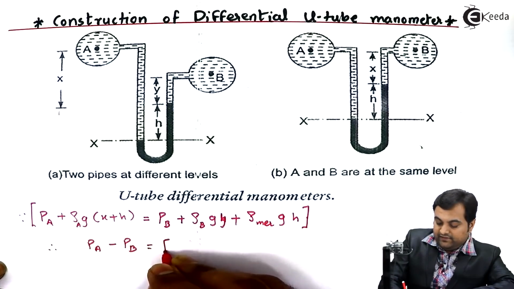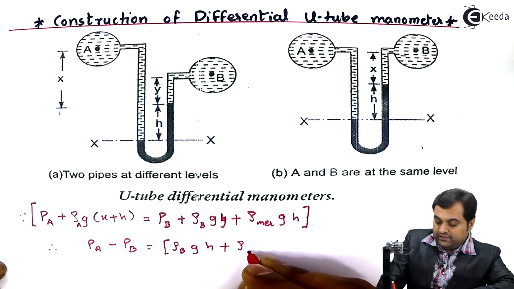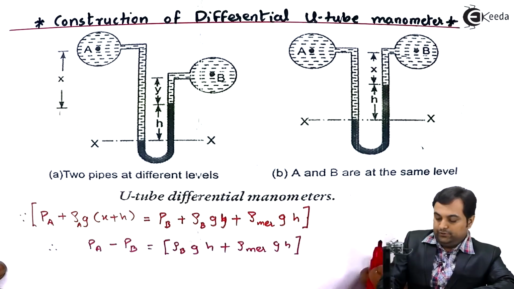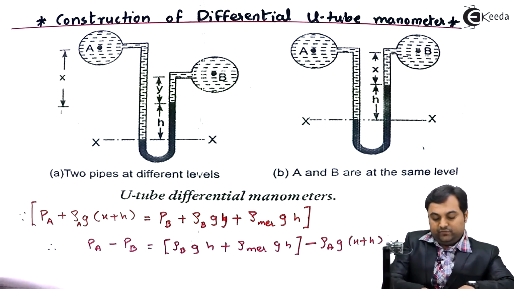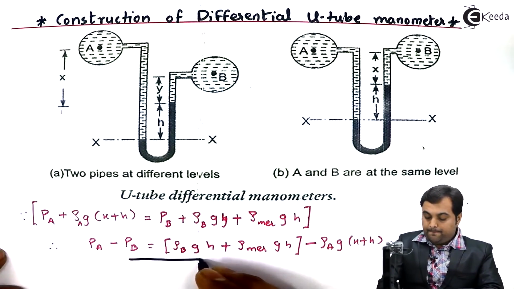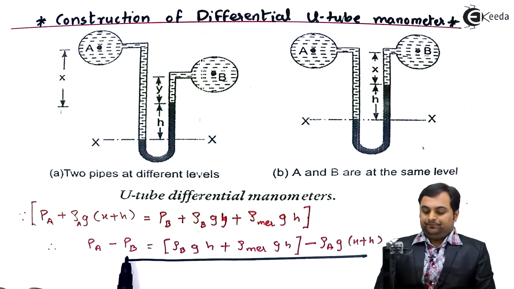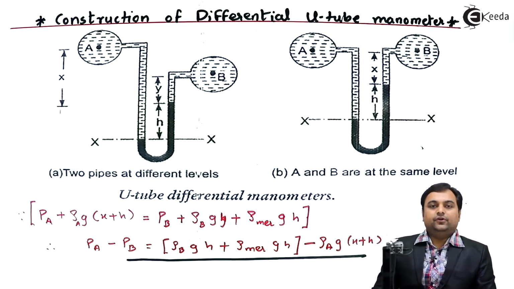So on the right side I have rho B G into Y plus the density of mercury G into H. This term I'll send onto the right hand side, so it becomes negative: minus rho A G into X plus H. From this equation which I have written here, we can easily calculate the pressure difference between pipeline A and pipeline B, and we use the same procedure for pipes at the same level. So in this video we have seen what a differential manometer looks like, what its function is, and how to calculate the pressure difference.